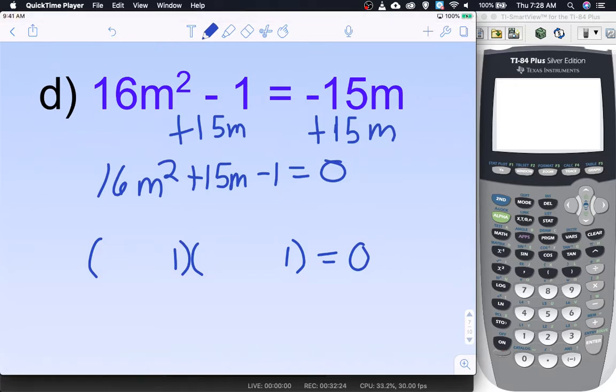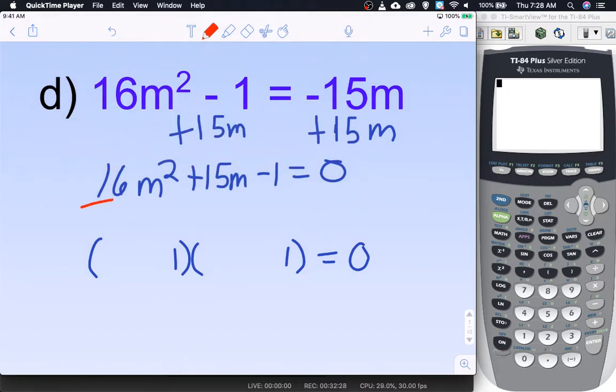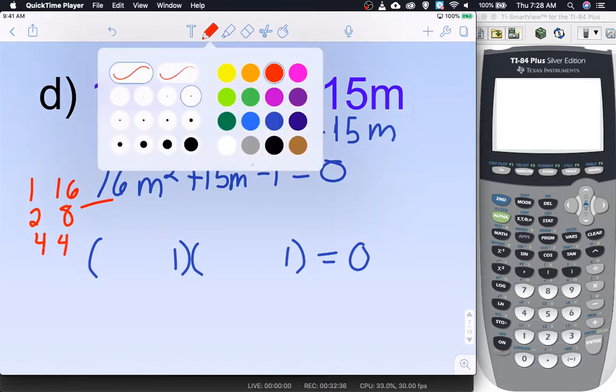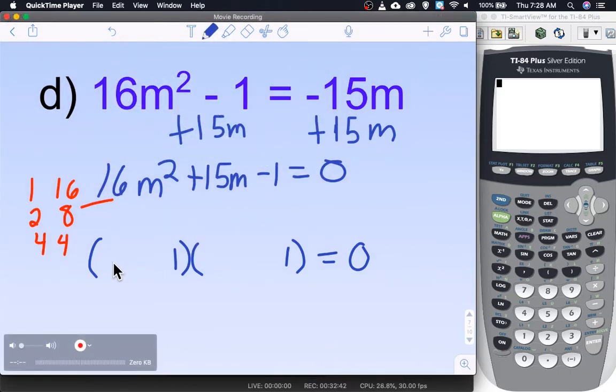So really what it's going to come down to in this problem is the first term. So are we going to use 1 and 16, 2 and 8, 4 and 4? Now, working smart, not hard, I can take a guess. If I plug in a 4 and a 4, 4m is not going to be a 15.